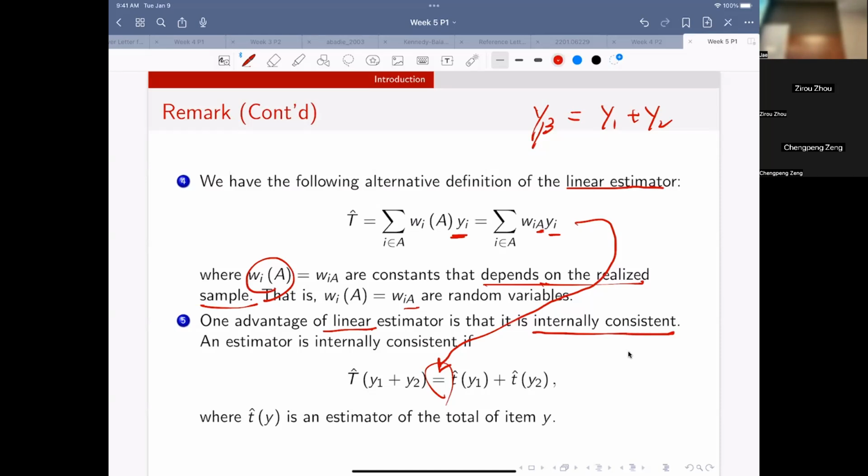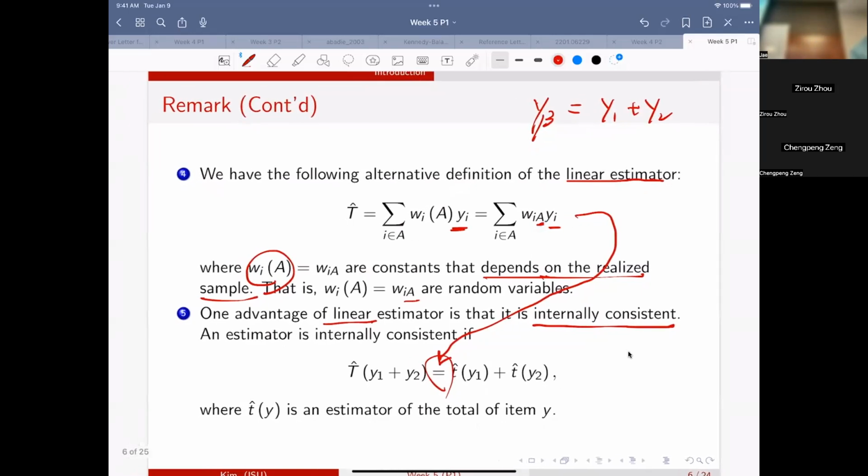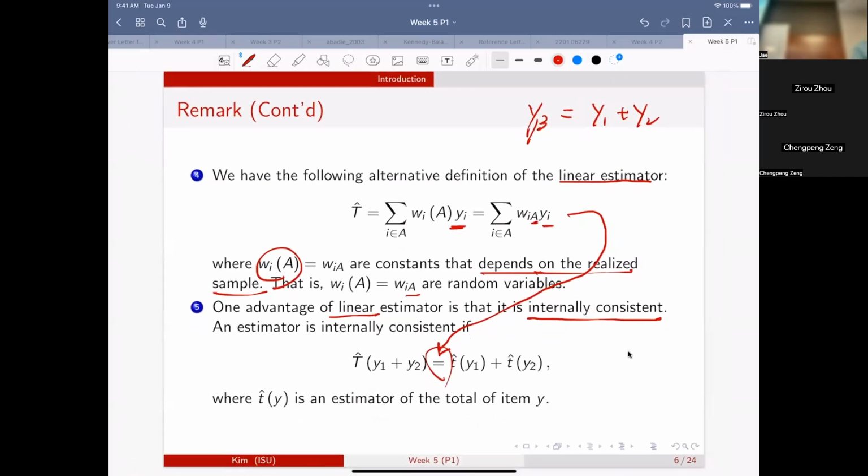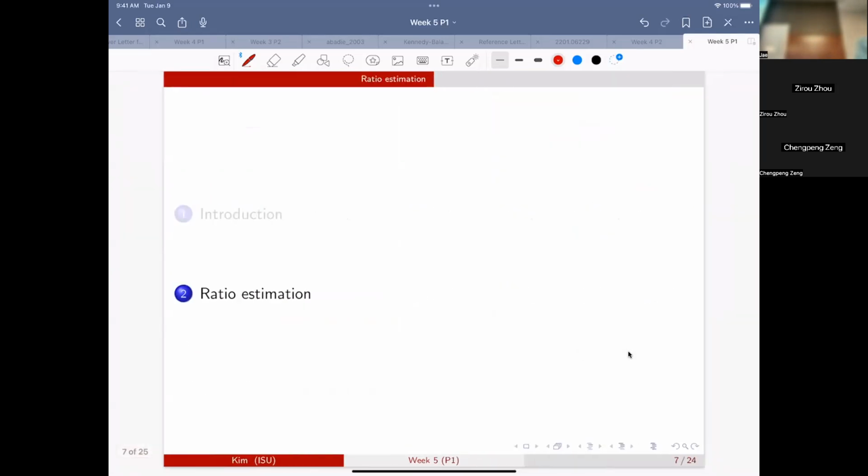You have to do something else. So that's not really attractive. Okay. Anyway, I think the notation is not really consistent. So let's move on.